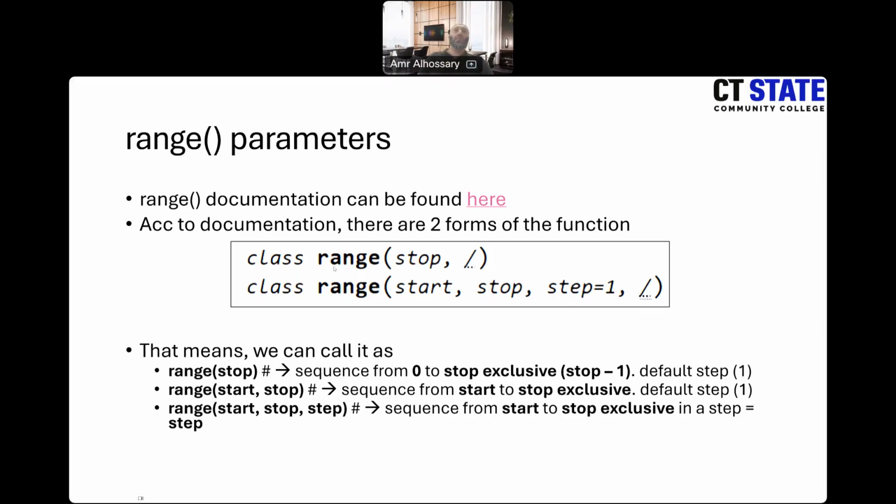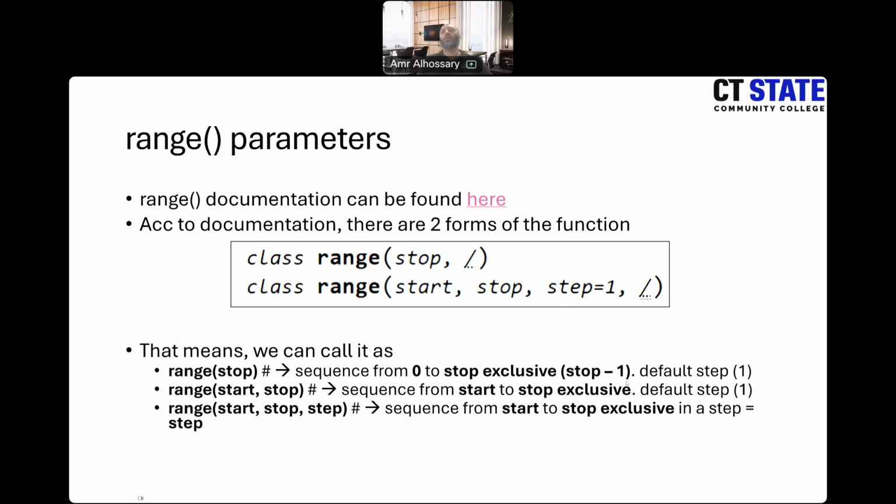So we have three options here. Range of stop, first case. Range of start and stop, second case. And range of start, stop and step, giving a value for step, which is the third case. If you are calling the first format, stop, then the default start will be 0. It will start giving a sequence from 0 to stop exclusive.